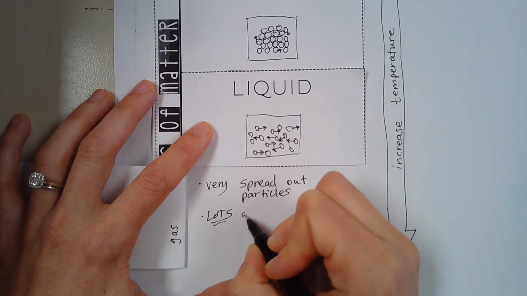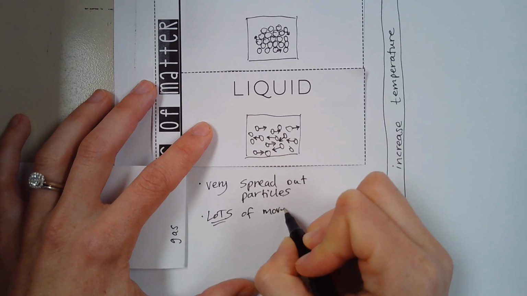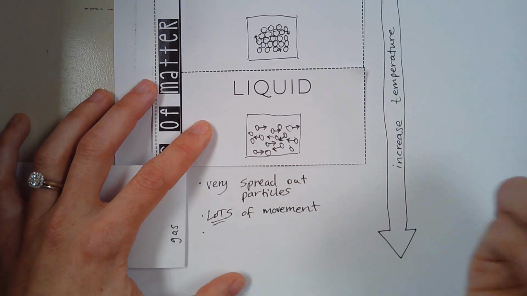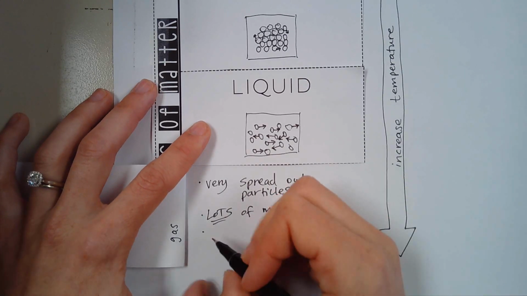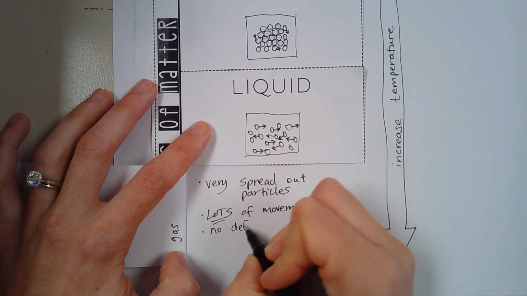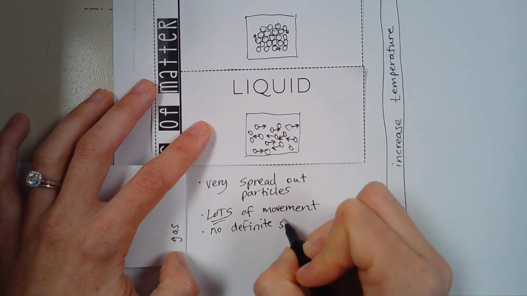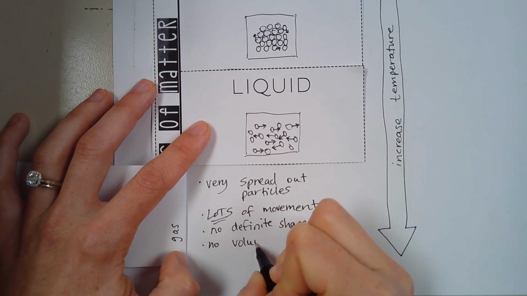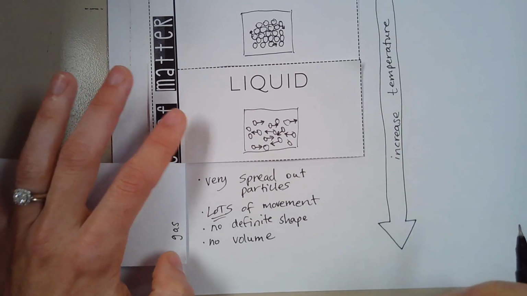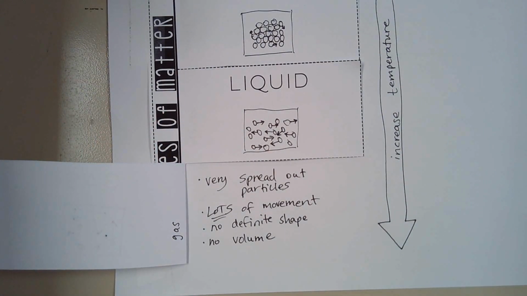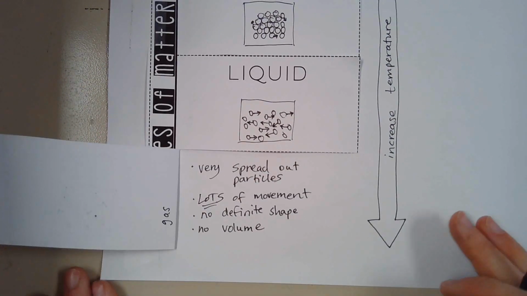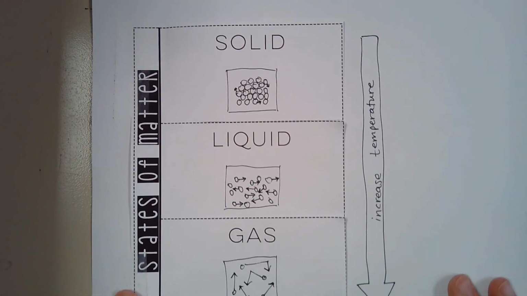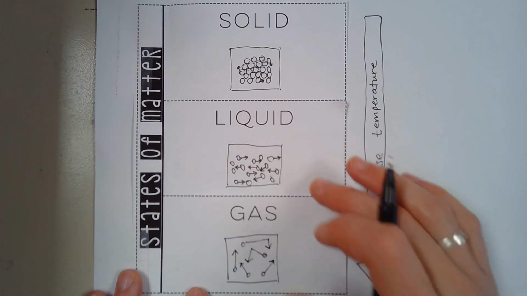Lots of movement, and lots of space between the particles. No definite shape, and no definite volume. So it's whatever the container is that you have it in, that's how much it is. Okay? And so those are the notes that we have for solids, liquids, and gases.